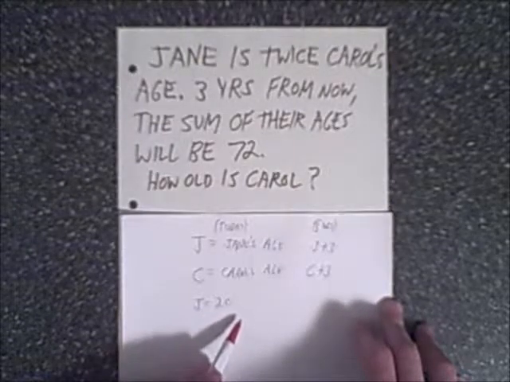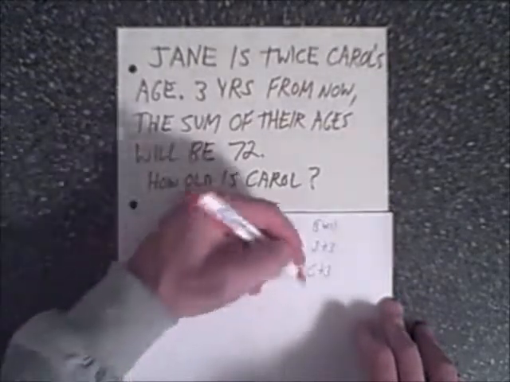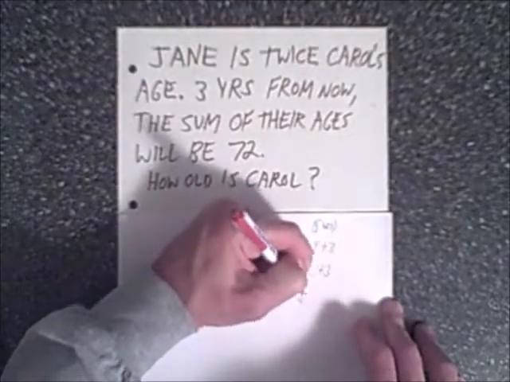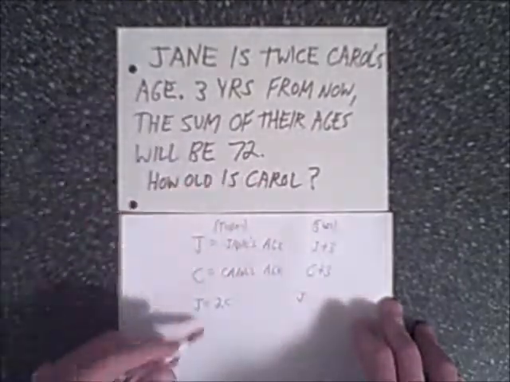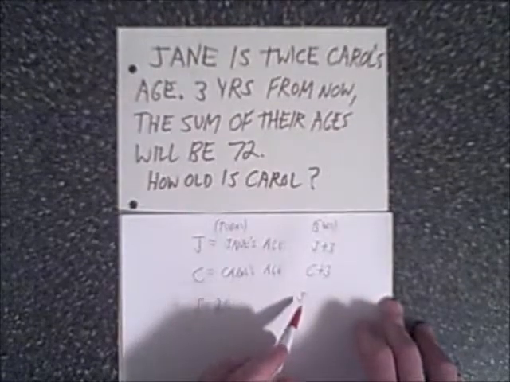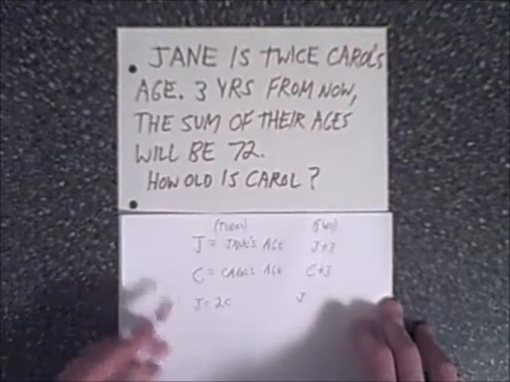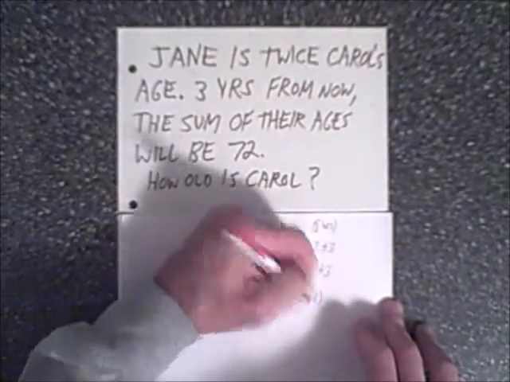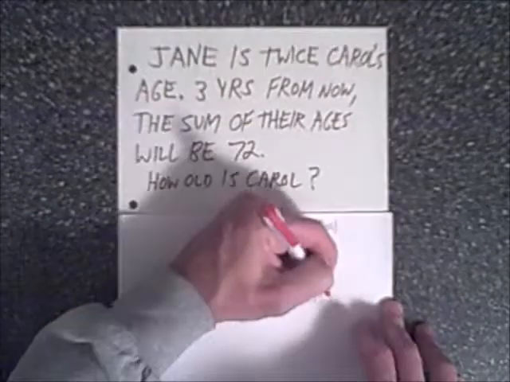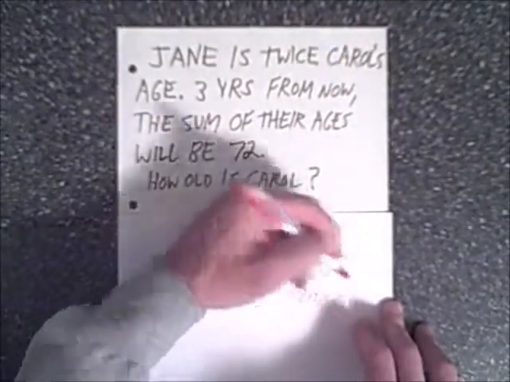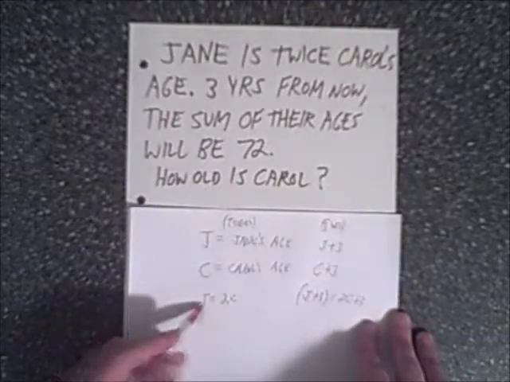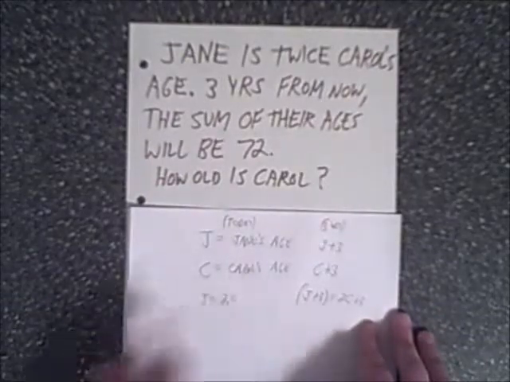So 3 years from now, we're going to substitute this into there, and we will get J plus 3 would equal 2C plus 3. Let's make a note of that. We could add 3 years to both of these, just as a side note.